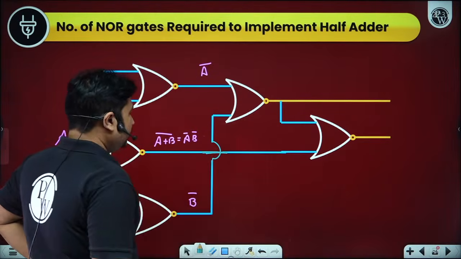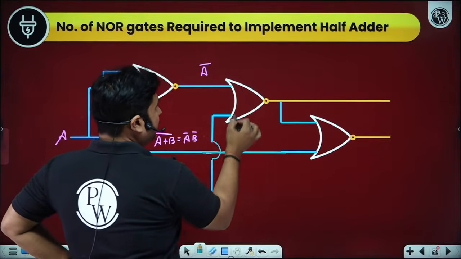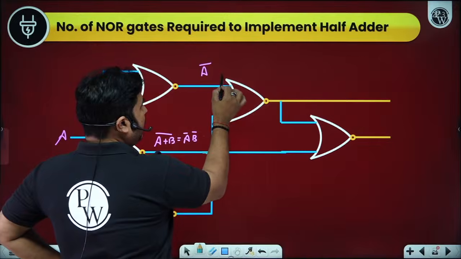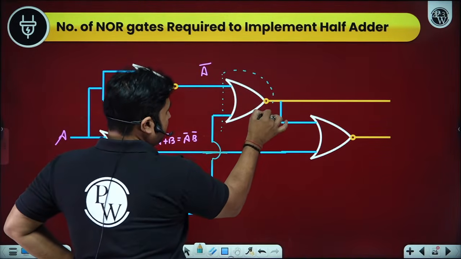When they are passed through the bubbled AND gate, it looks to me as a bubbled AND gate.